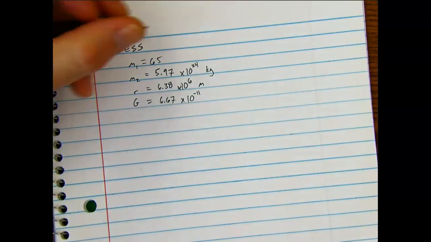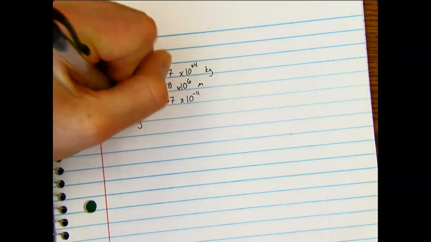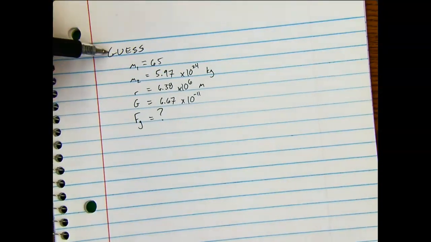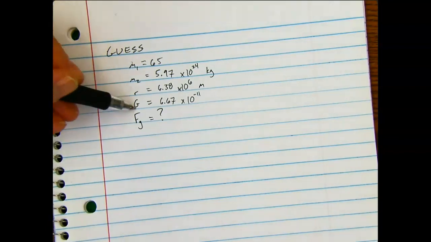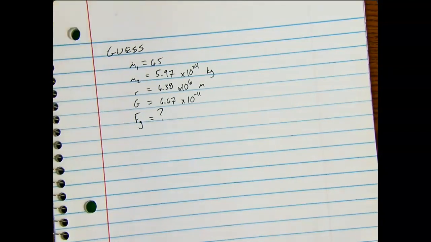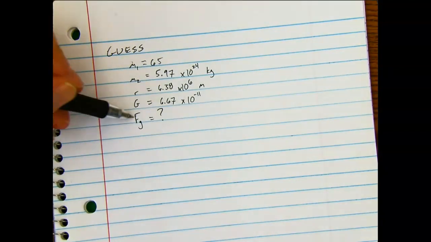And then the question is asking, what is the force of gravity? That's my unknown. So I have my given. I have four values given to me. My unknown is the force of gravity. And now I need to figure out what equation do I use to find this value.